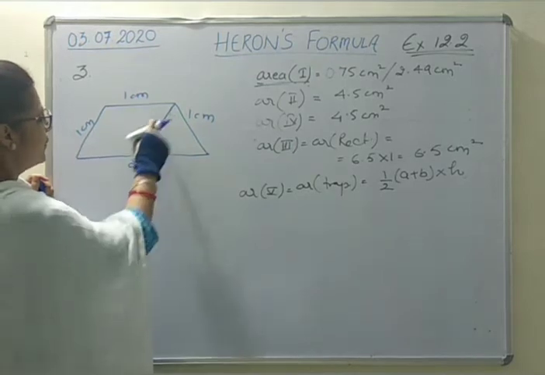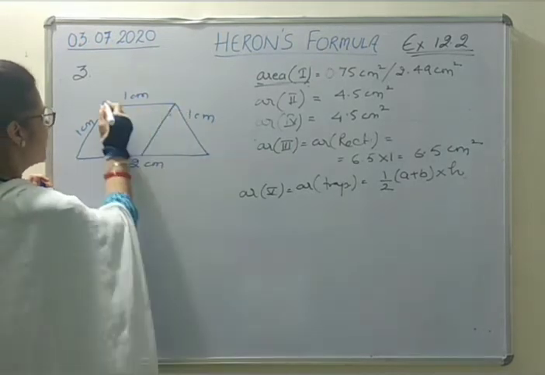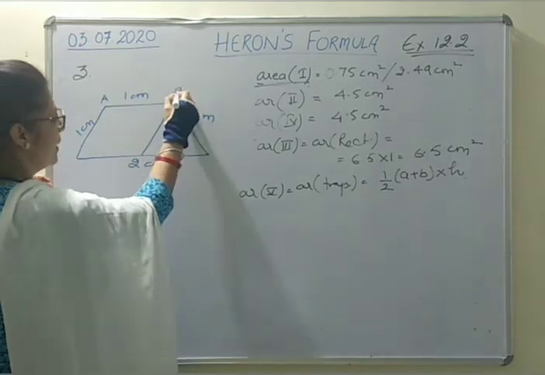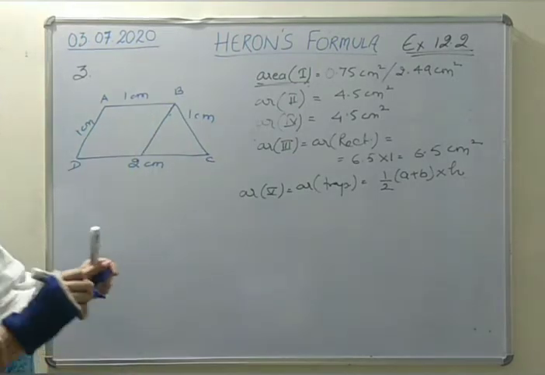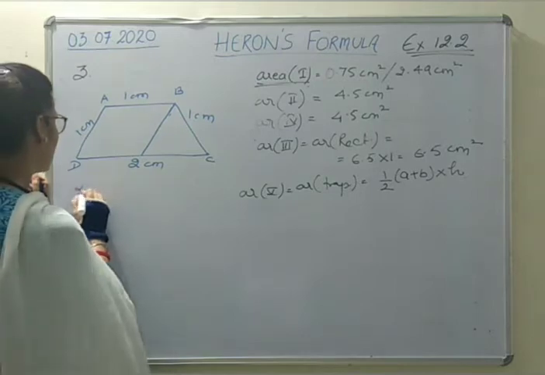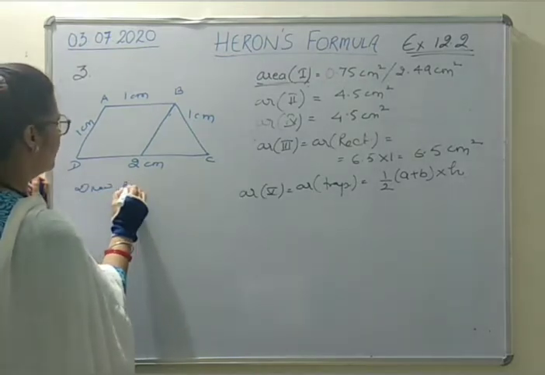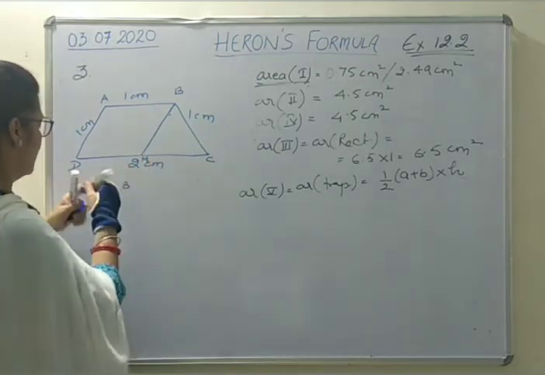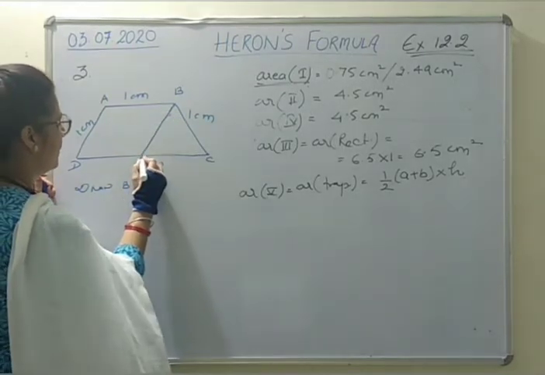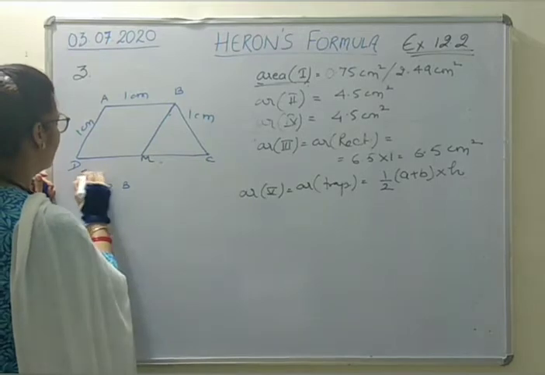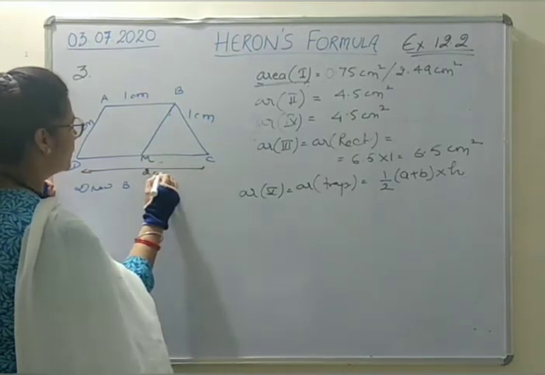What are we constructing? We are constructing this. Suppose our trapezium is ABCD. What will we draw? We will draw BM. Suppose this is M. How much is this whole length? 2 centimeter.